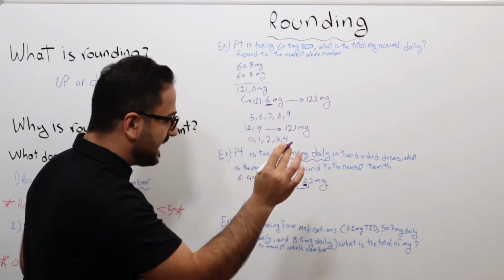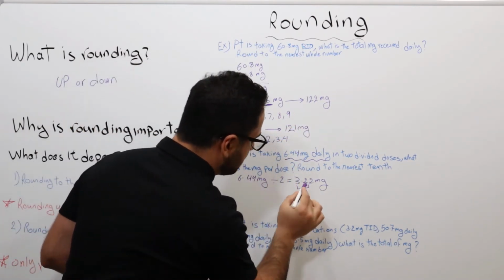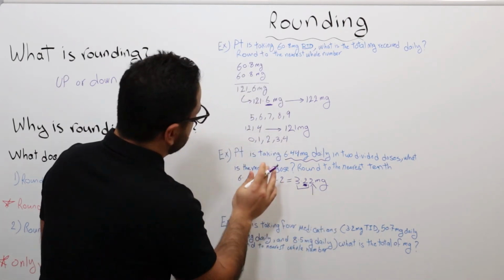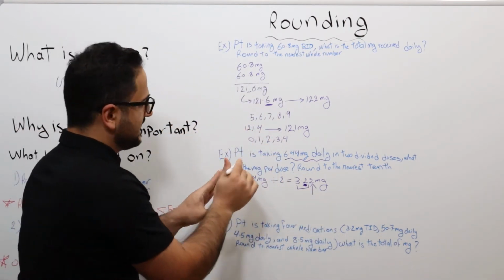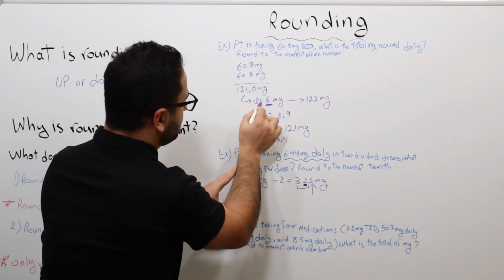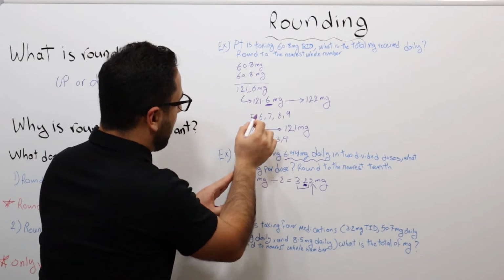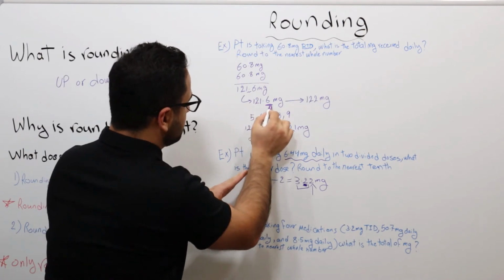When we're rounding up or down, it depends on the next number. When we're doing a whole number, it's directly the number after the decimal point, after the period.